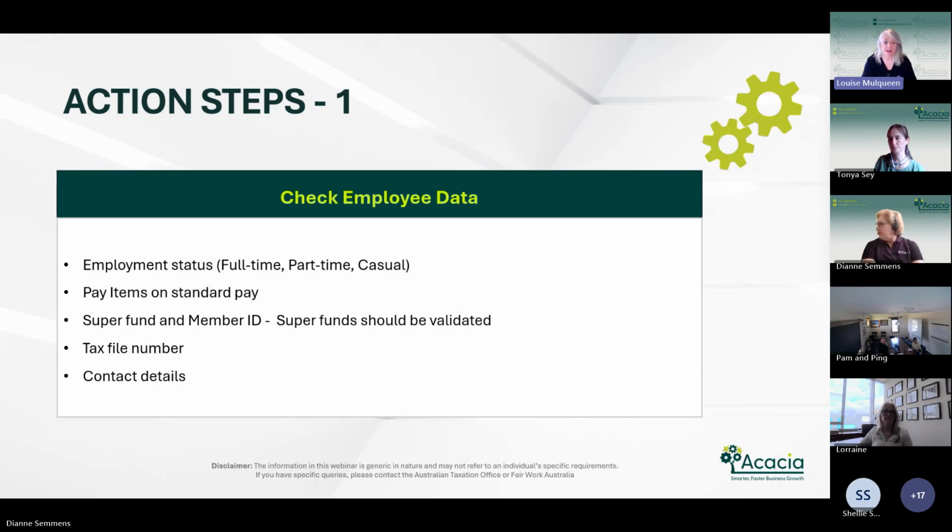So obviously employment statuses, the pay items that people are being paid in their standard pay, making sure that we've got super fund and member ID information and that those super funds are validated.